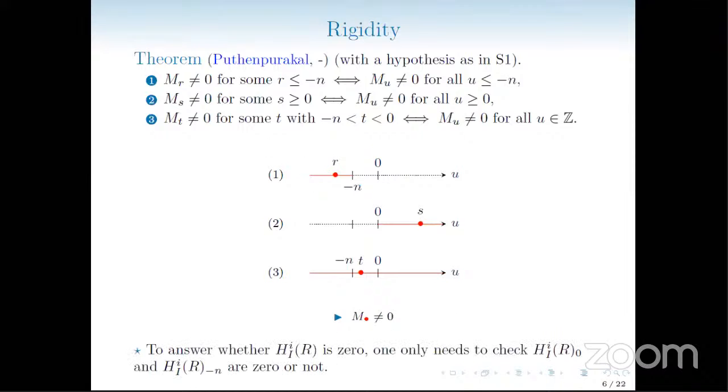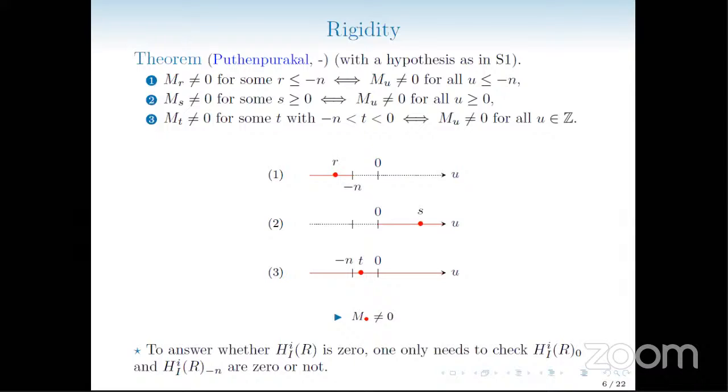And this further says that whether a local cohomology module is 0 or not, for that we only have to check whether its 0th graded component and minus nth graded component are 0 or not. So this is also a good criterion to check the cohomological dimension, that we only have to check these 2 graded components. Although there is no algorithm to compute it through some computer algebra package, at least this is a simpler situation we can check.